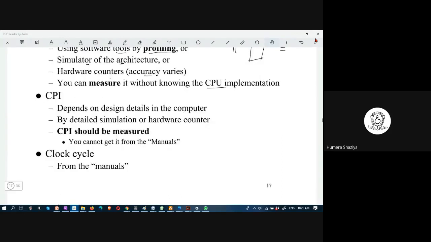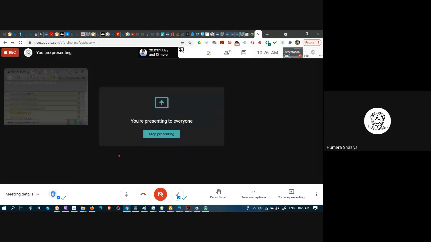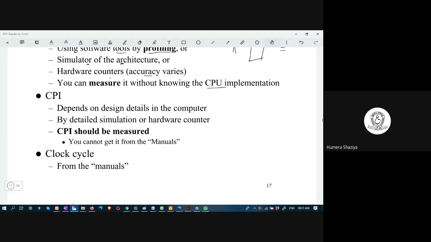CPI, cycles per instruction, depending on design details of the computer, would be known. Depends on design details.